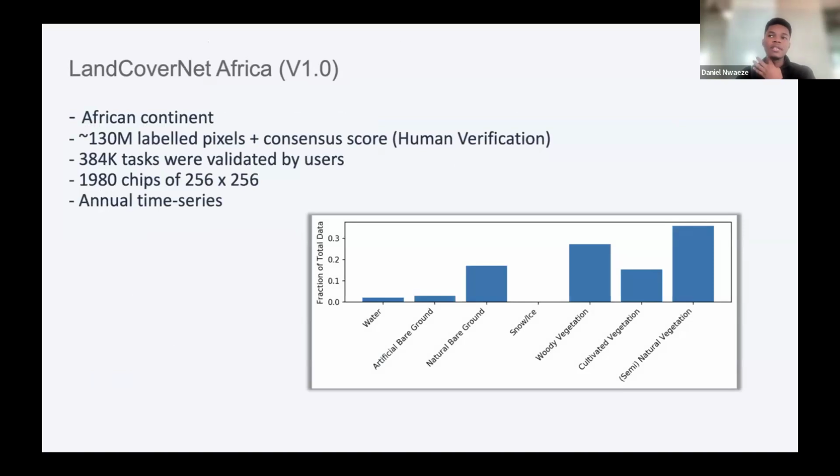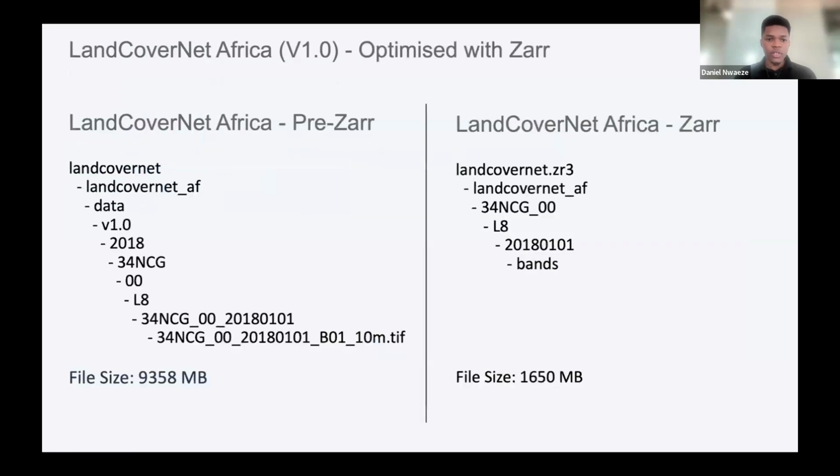It uses a scoring system that checks what one user labeled against what another user labeled, and checks the similarity between them to get a consensus score, where you know the level of similarity between the 2 or more.